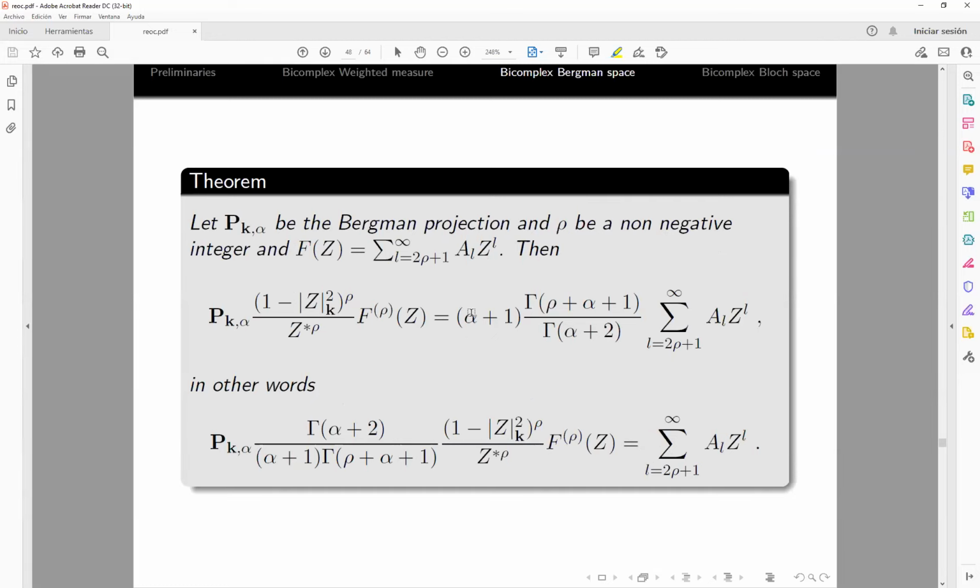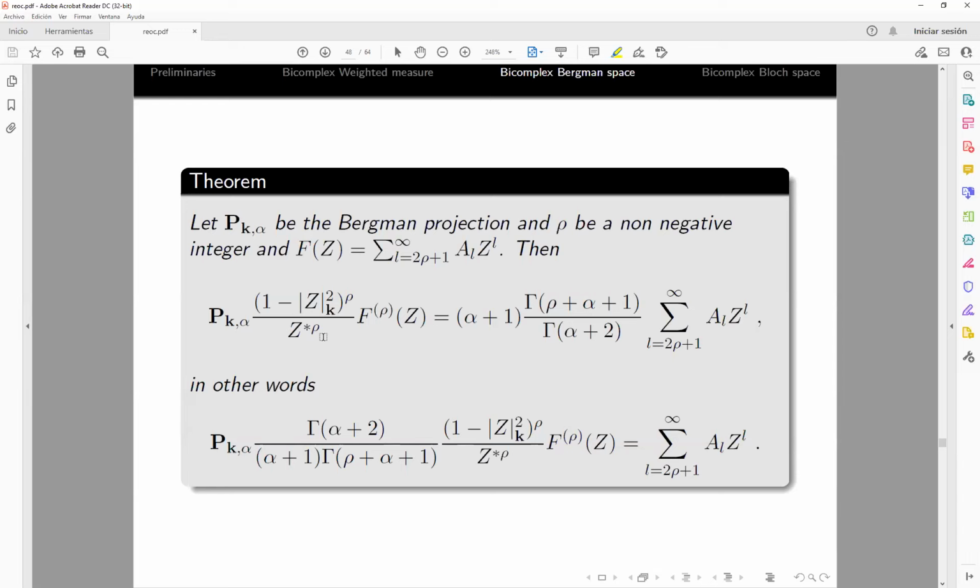Now another result in this line. Now we can consider rho a non-negative integer. We consider this bicomplex holomorphic function because it's written in a power series, where l starts at 2 rho plus 1 and goes to infinity. Then we consider the Bergman projection of this function. There is no problem.